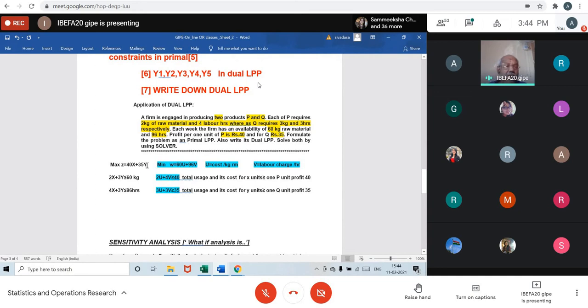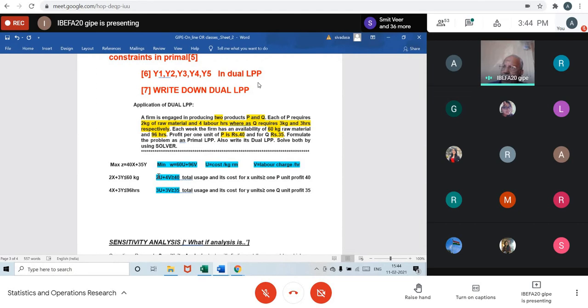We write an LPP. We have written: maximize profit Z = 40x + 35y, subject to material 2x + 3y, not more than 60 kilograms, and 4x + 3y is the total time, not more than 96 hours. So what will be the dual here?